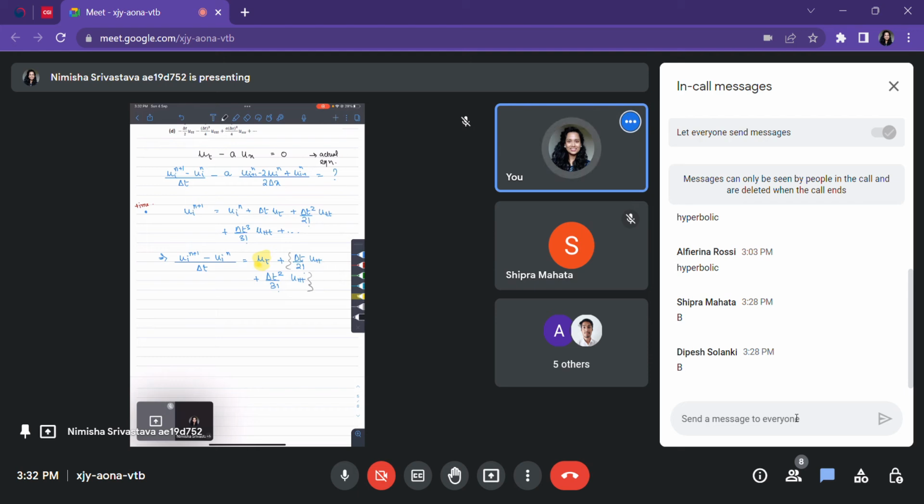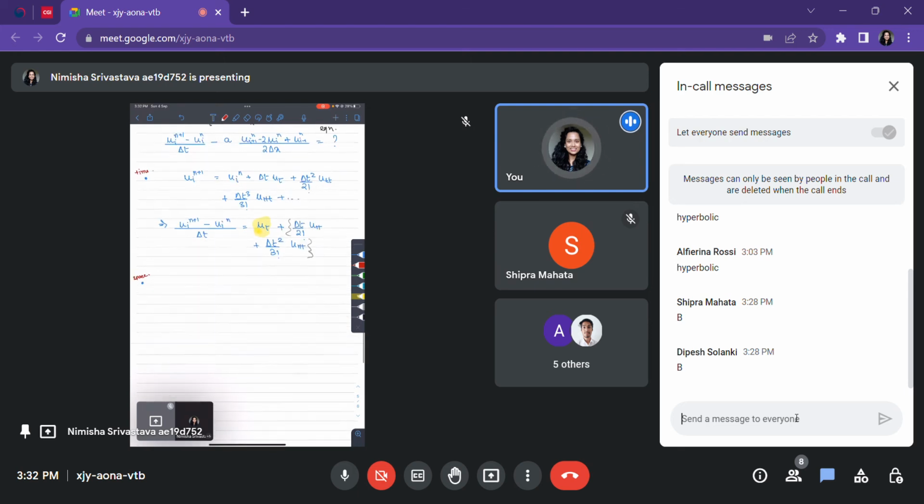Okay, then let's do the same operation for the space. Once again, we're trying to reconstruct what we have. Ui plus 1 at n is equal to ui at n plus delta x ux plus delta x square by 2 factorial u double x plus delta x cube by 3 factorial u triple x, and so on and so forth, right?